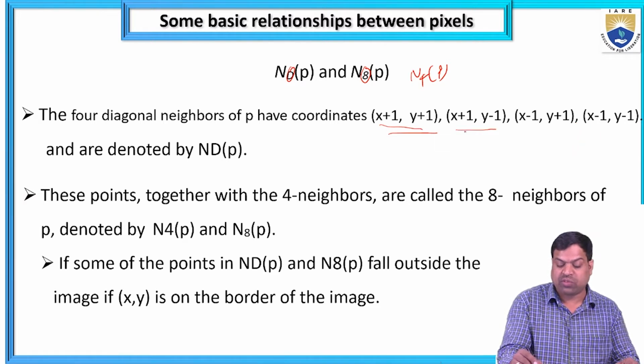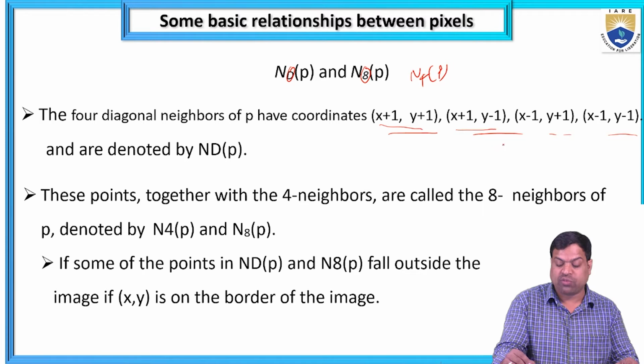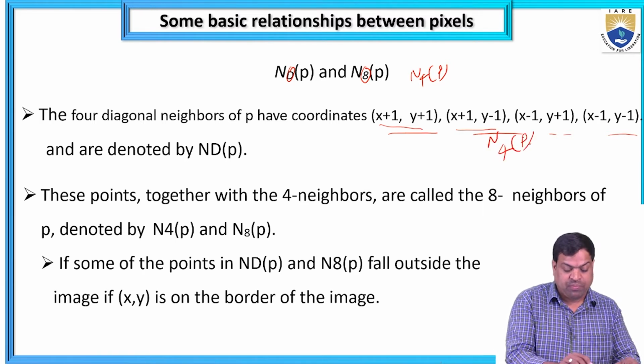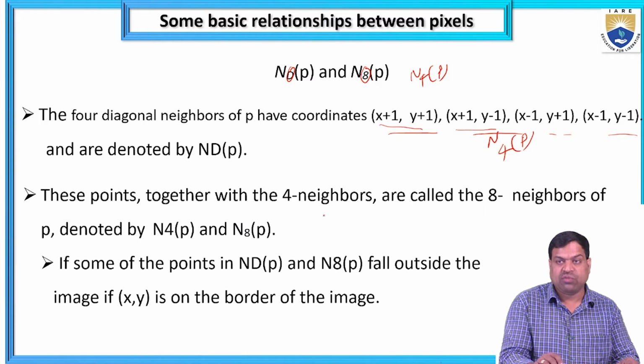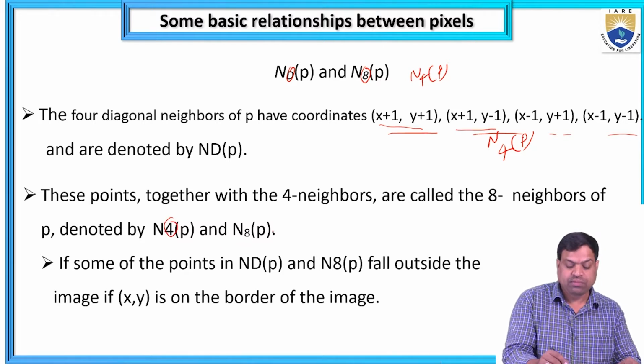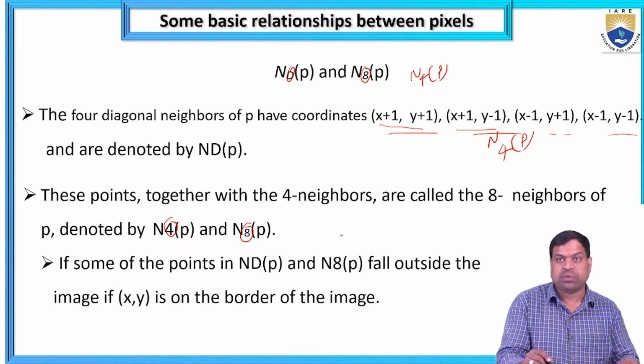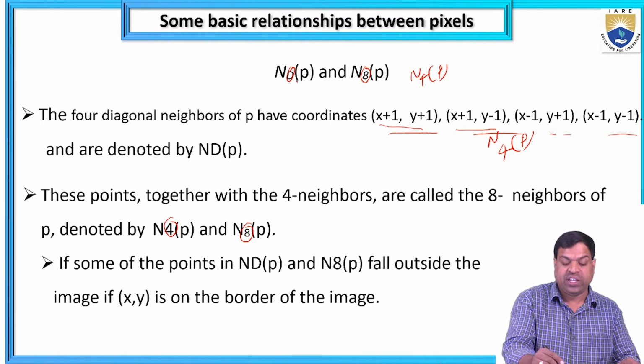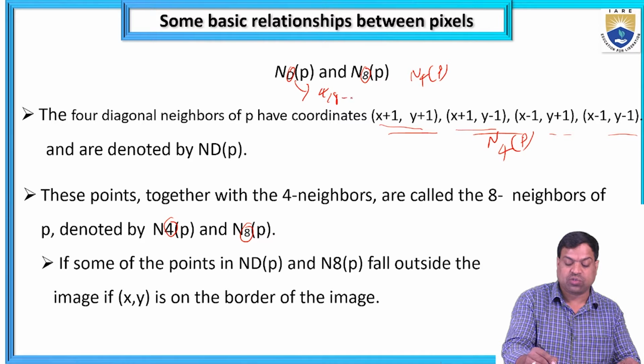So total 1, 2, 3, 4 neighbors. These points together with the 4 neighbors are the 8 neighbors, denoted by N8 of p.